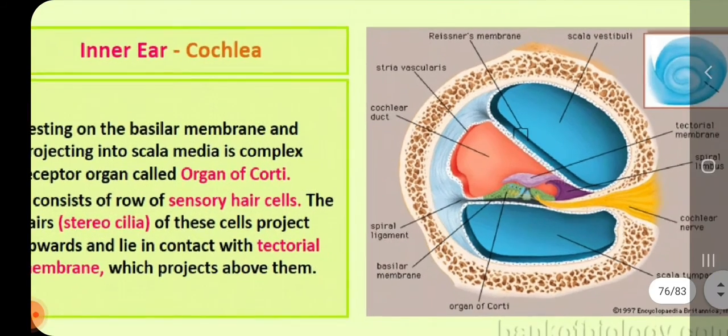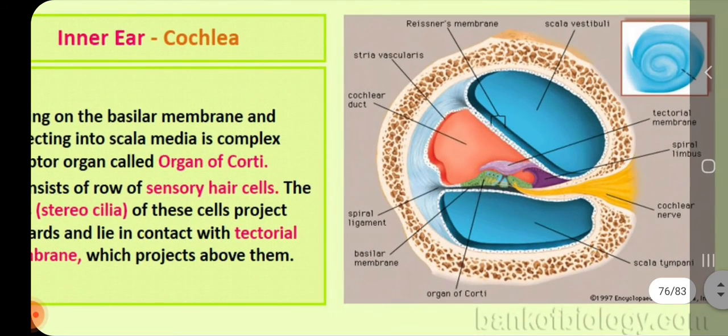So you can observe in the diagram the organ of Corti, which is shown in the green color. Okay, so you can observe in the diagram, above is the Reissner's membrane, then below that the basilar membrane, that is going to divide the cochlea into different parts as scala vestibuli, then the scala tympani.